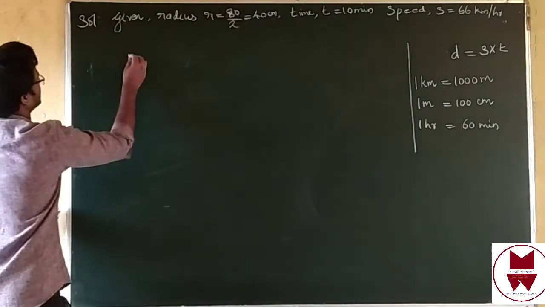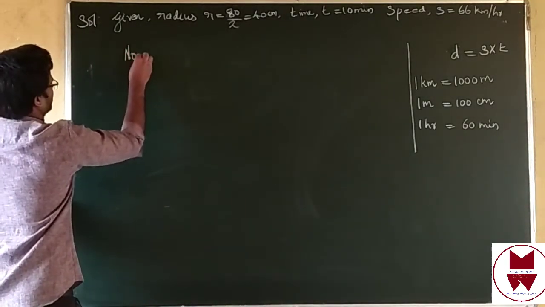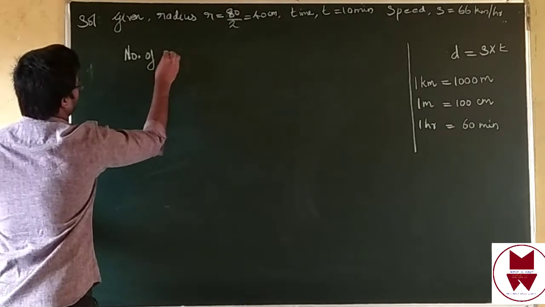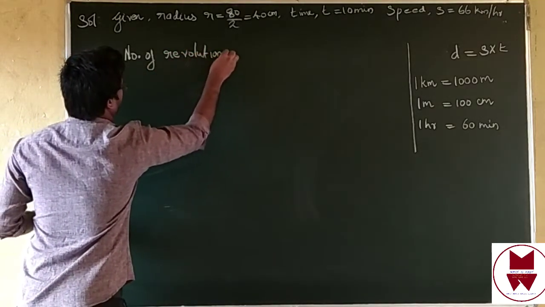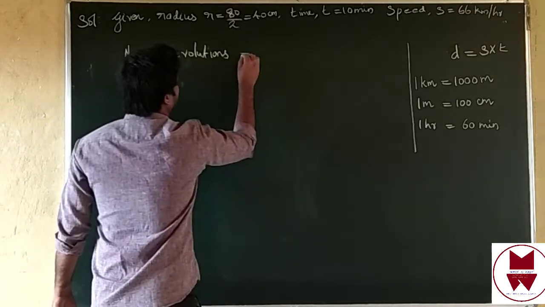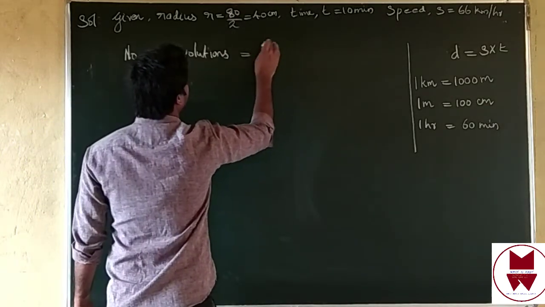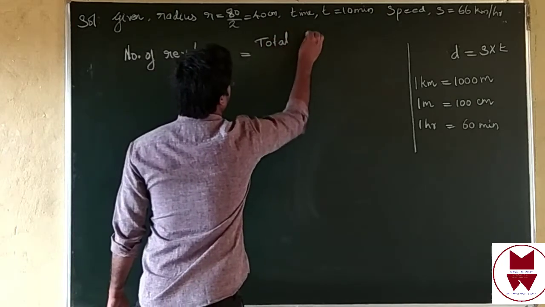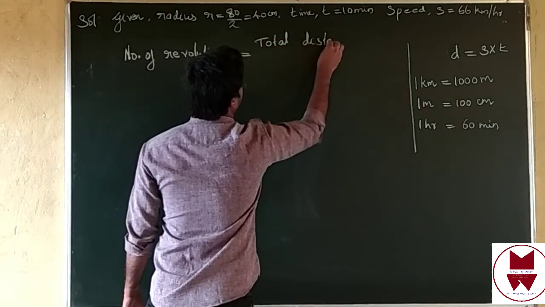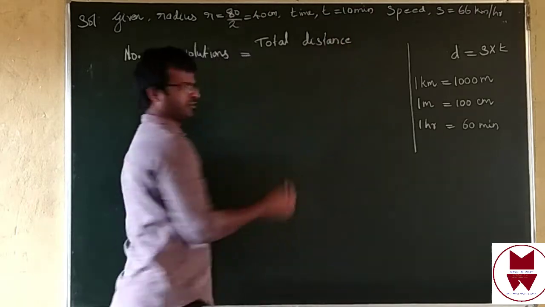Then we have to find the number of revolutions or rotations. Number of revolutions equal to total distance traveled by that car.